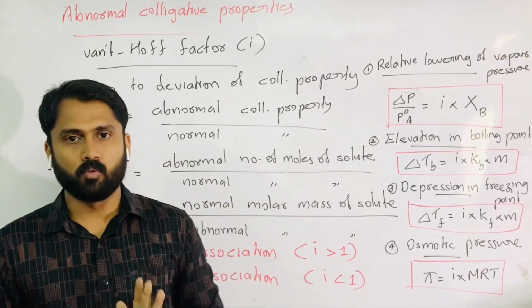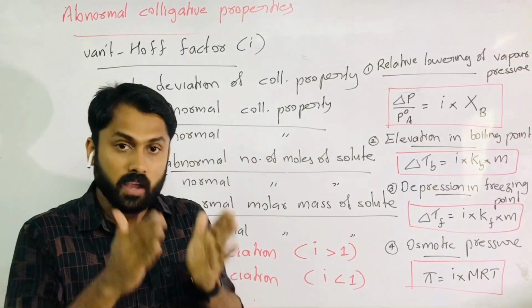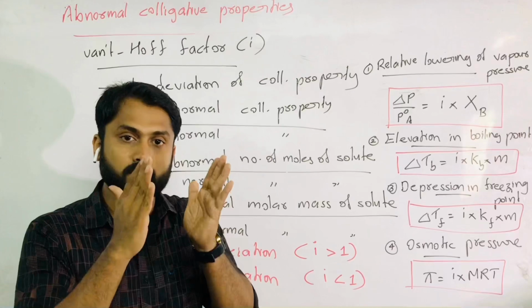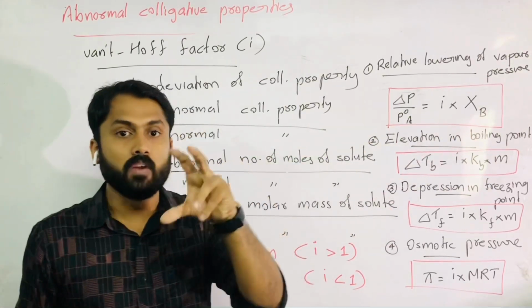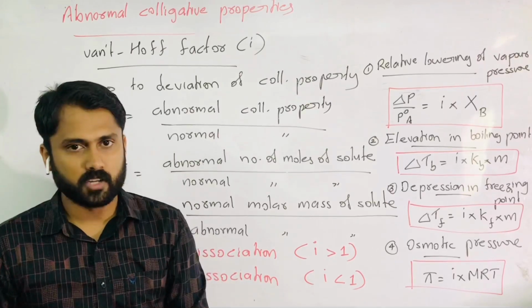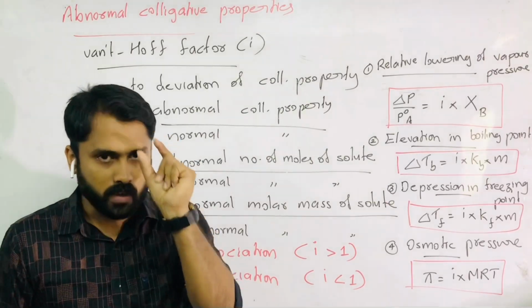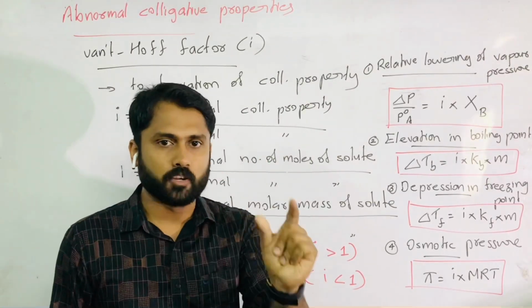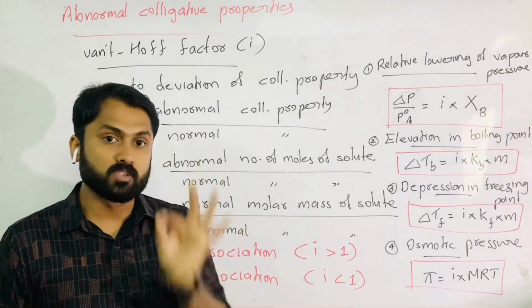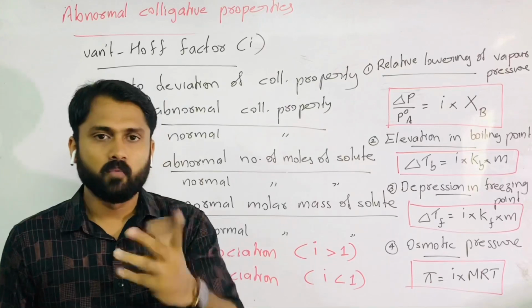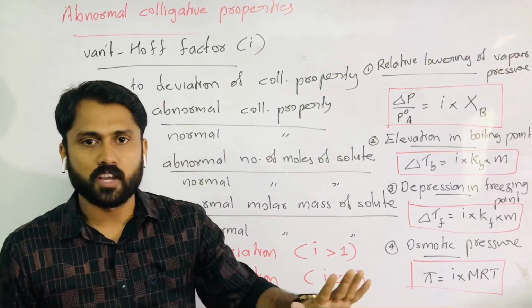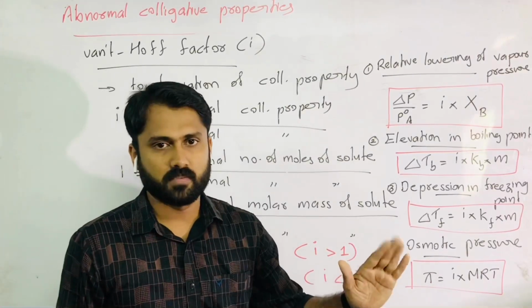Otherwise, we have to use the equation including i, or we will get a wrong answer. So i can be 1 only when there is no association or dissociation.